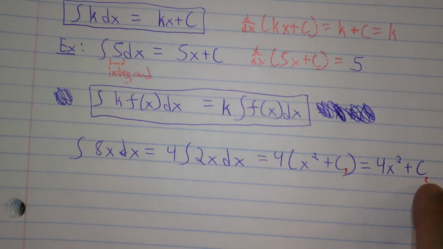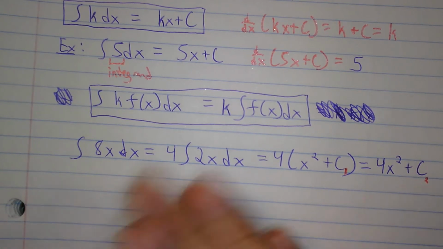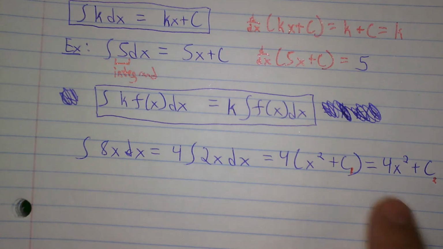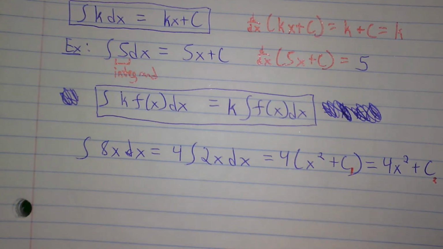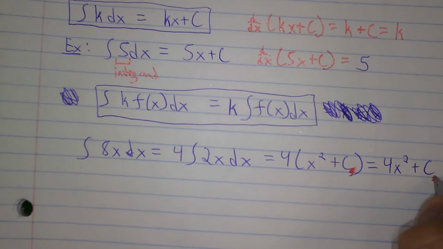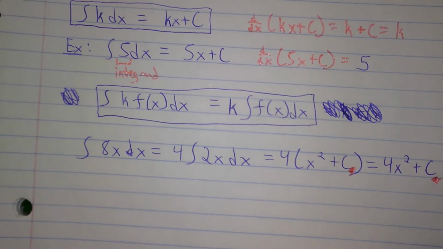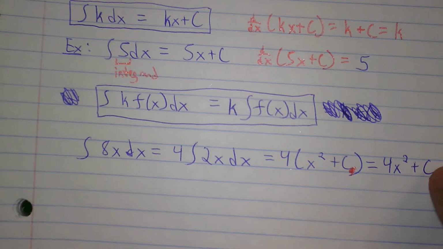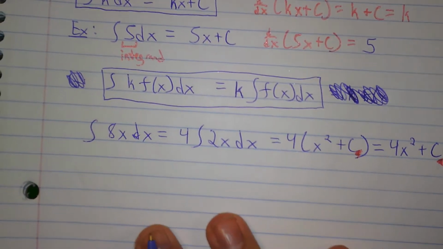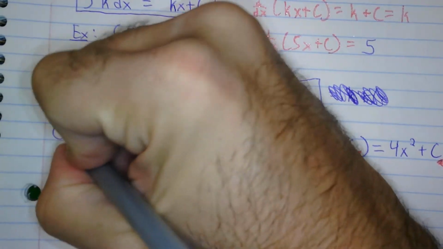So you don't have to write 4c sub 1 or 4c. You just write c. One way to handle this is to do the integration all first and then just add a plus c to the end. But this is mechanically what's going on, okay? So we won't write c sub 1 here, we won't write c sub 2 here. Instead of writing 4c, we'll just write c. Realizing 4c and c are both constants, okay? Good, that was an example.